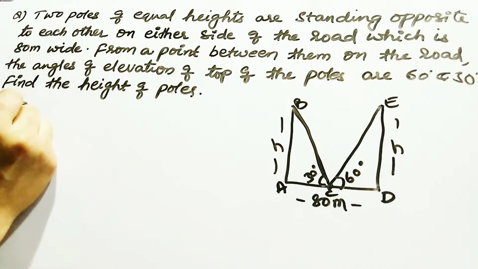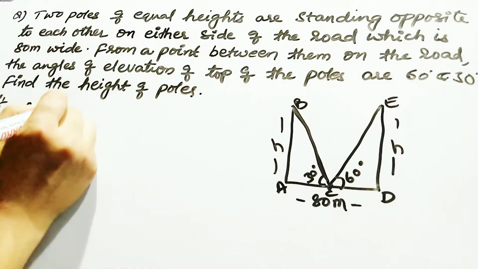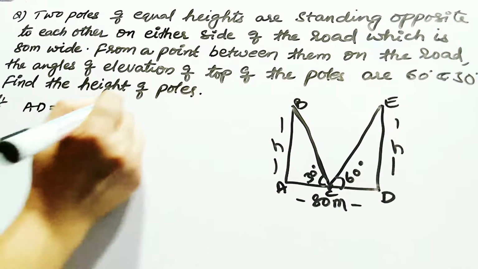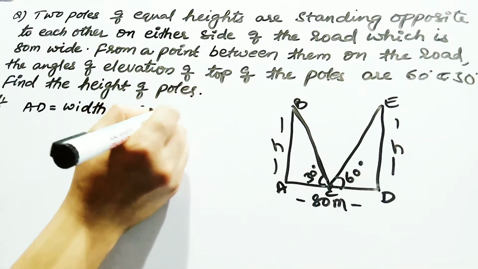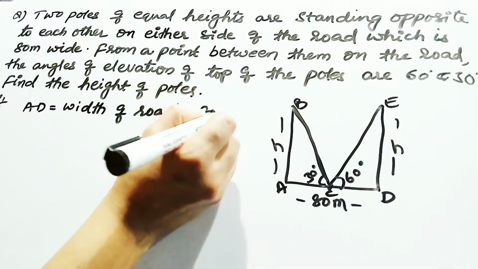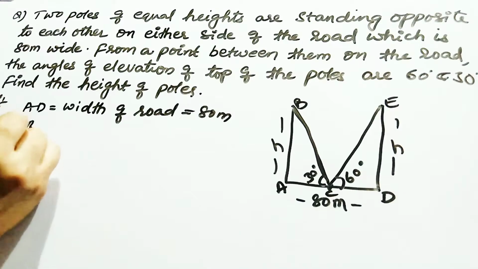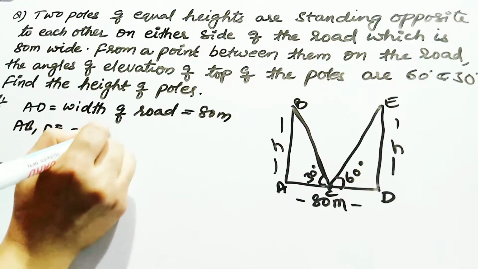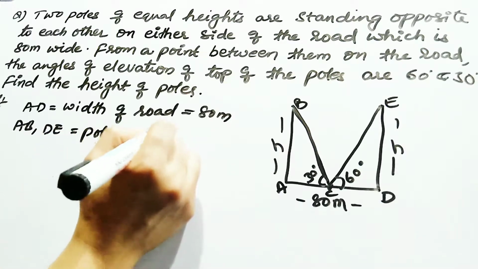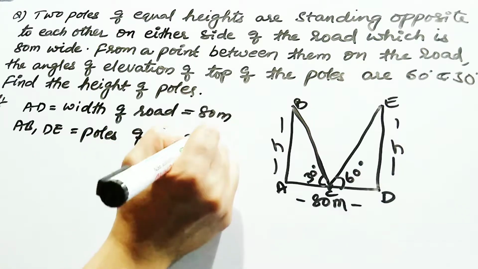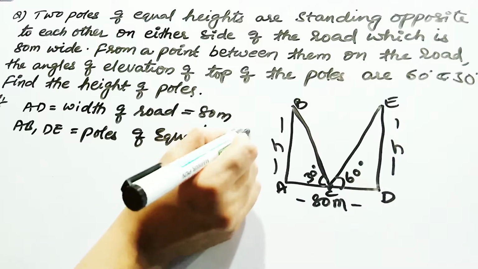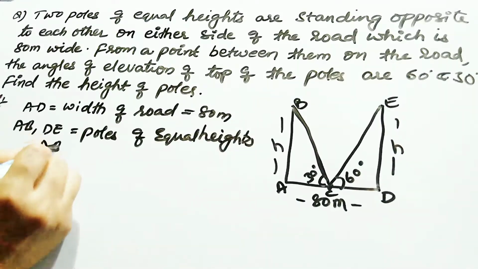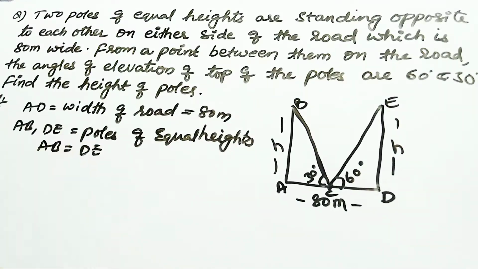What is your AD? AD is the width of the road, 80 meters. AB and DE are poles of equal heights, so AB must be equal to DE.